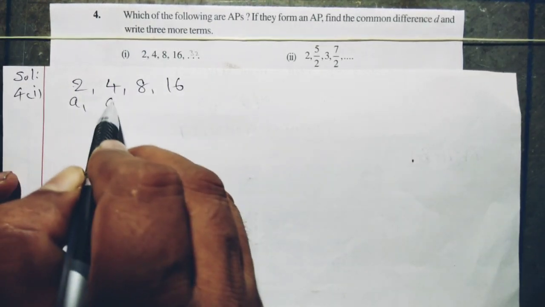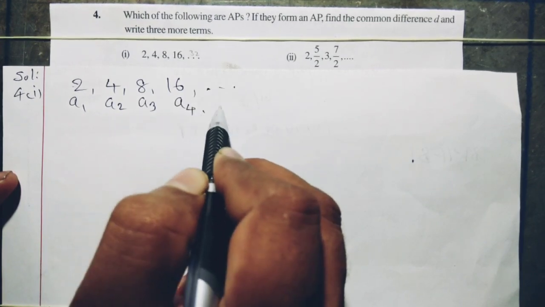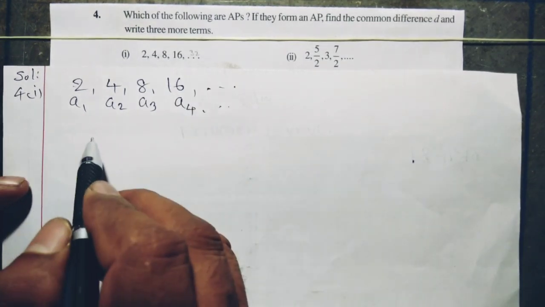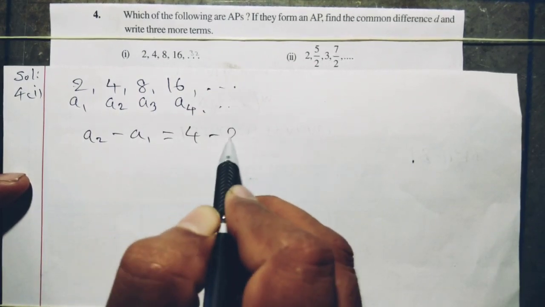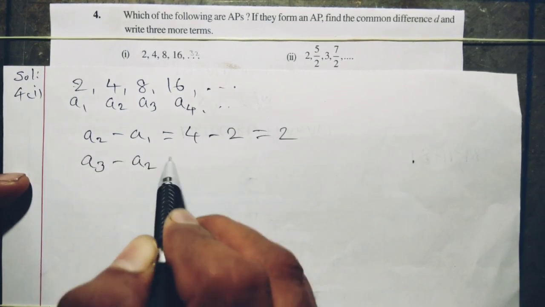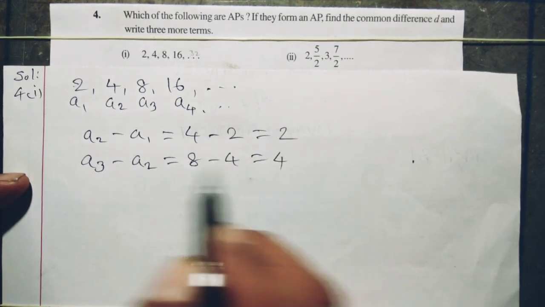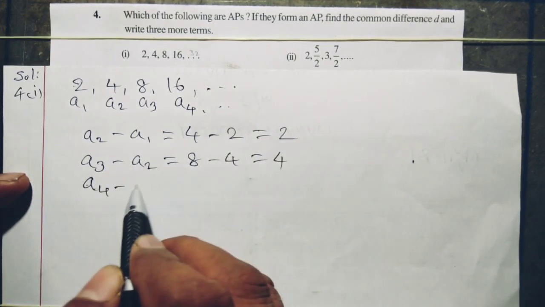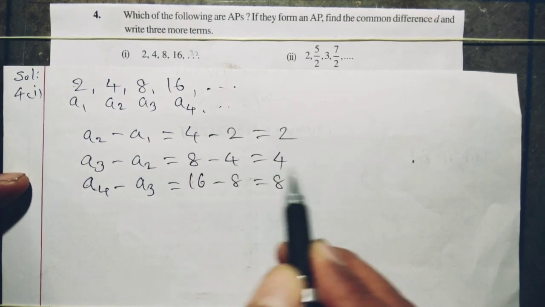This is A1, A2, A3, A4 and so on. We have A2 minus A1 is equal to 4 minus 2 is equal to 2. A3 minus A2 is equal to 8 minus 4 is equal to 4. A4 minus A3 is equal to 16 minus 8 is equal to 8.